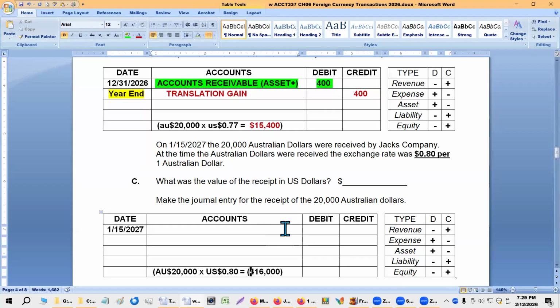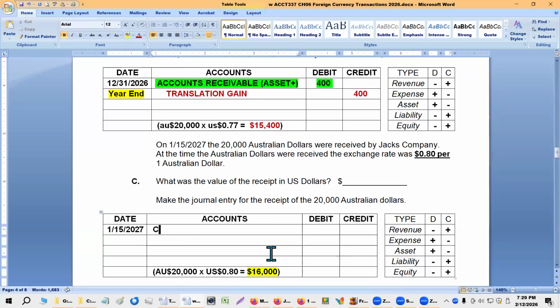Let's try that again. Okay, so this is now how much we're going to get. So what they sent us, the 20,000 Australian dollars, is now worth $16,000 US cash.